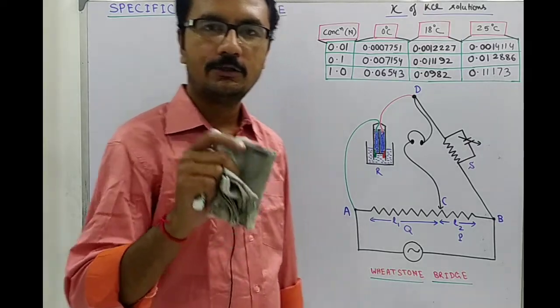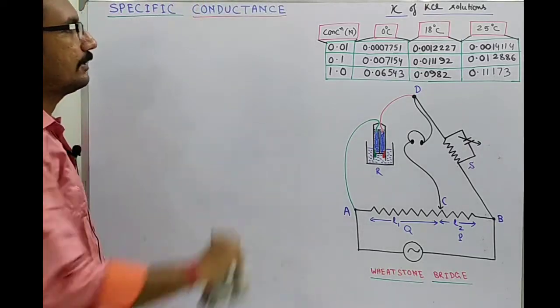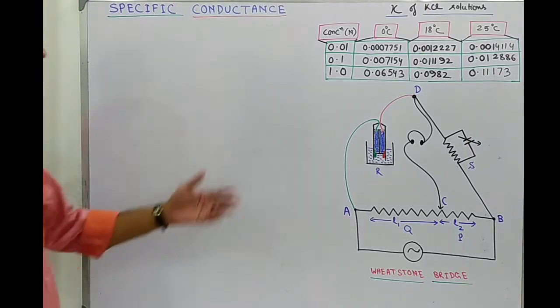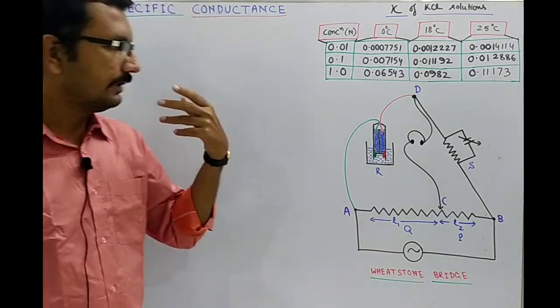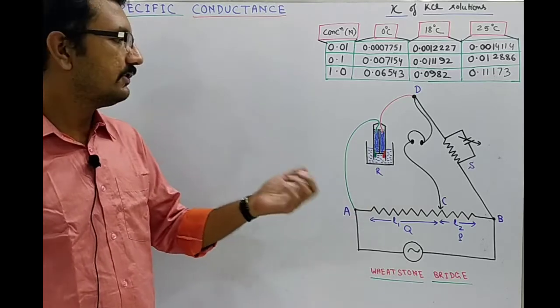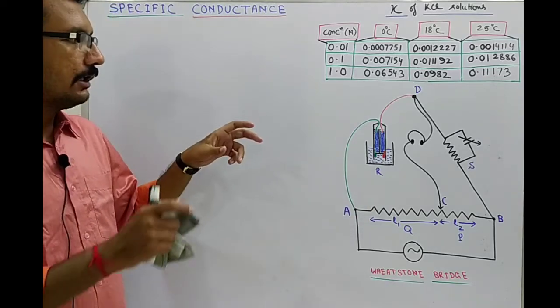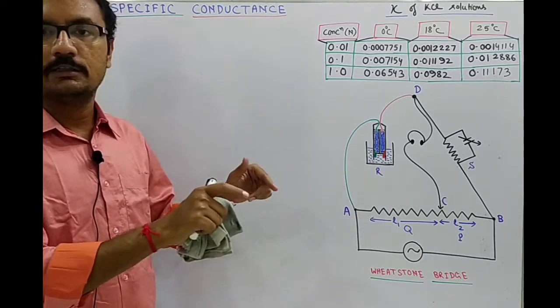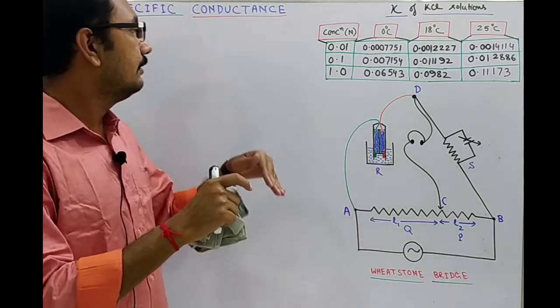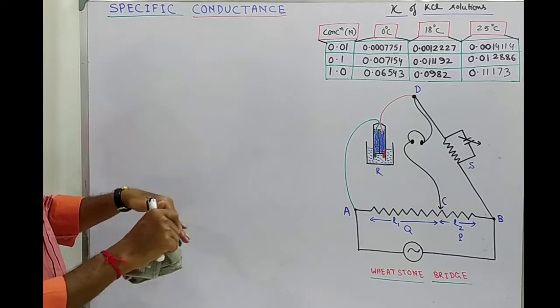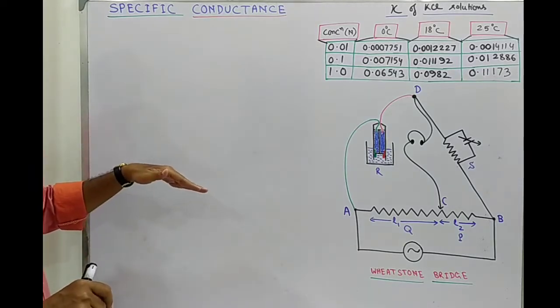Hello students, today's topic is specific conductance. In the previous lecture I told you that in the next lecture of this chapter I will concentrate on the measurement procedure of conductance.